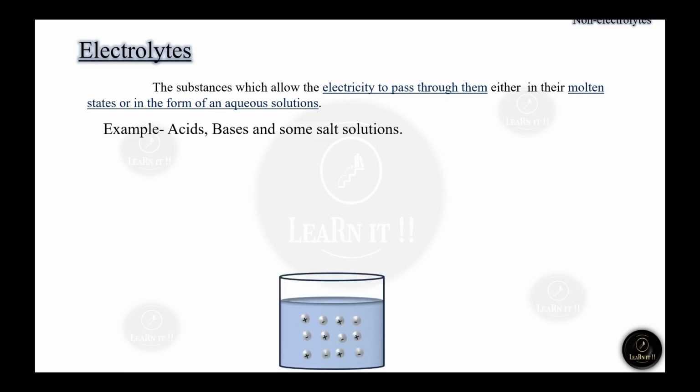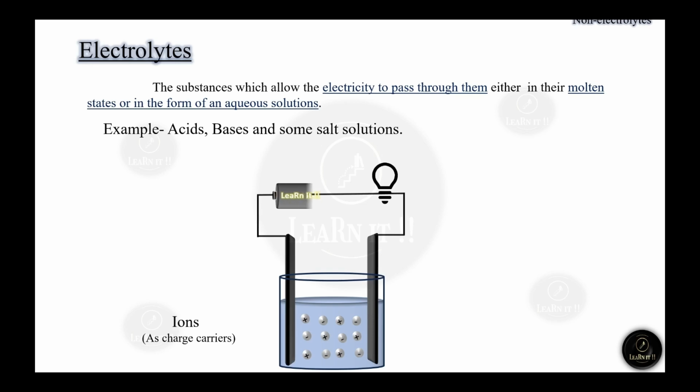Let us consider an electrolyte. In an electrolyte, ions are present and they are the charge carriers. When we put the electrodes, which are connected to a battery, even though the battery is connected, the bulb is not glowing, because the presence of ions is not the only requirement for the conduction of electricity.